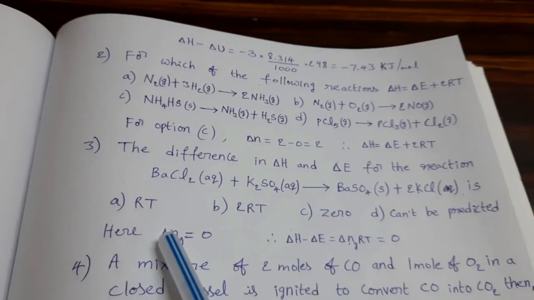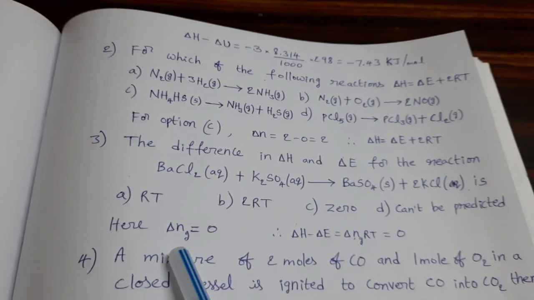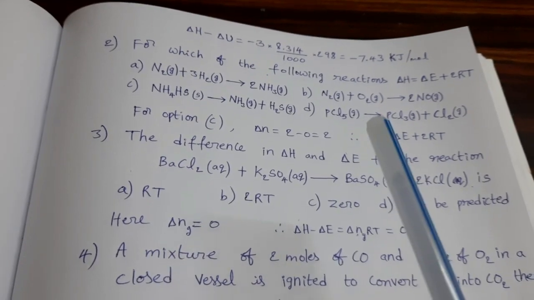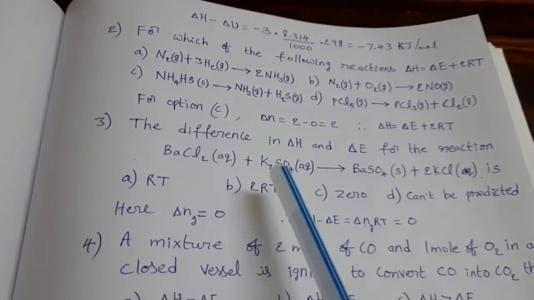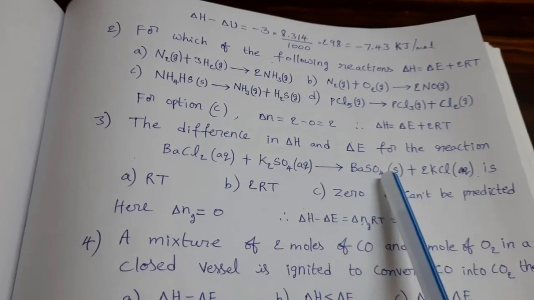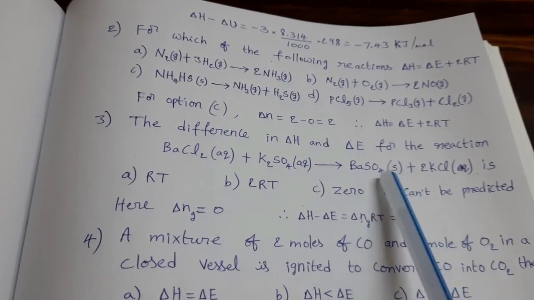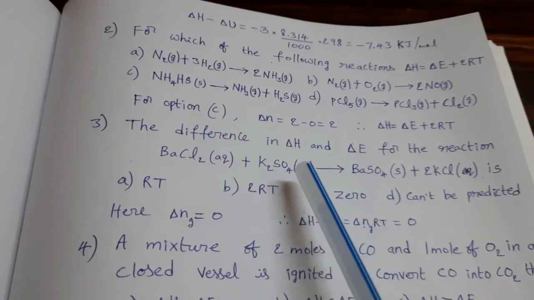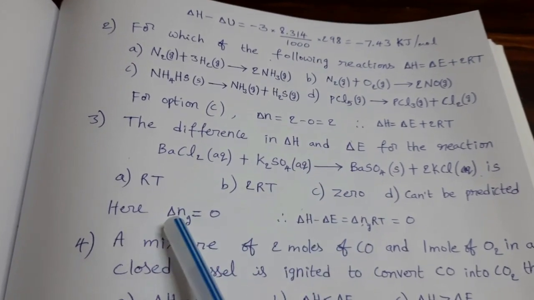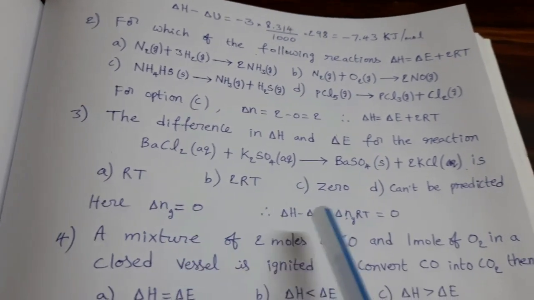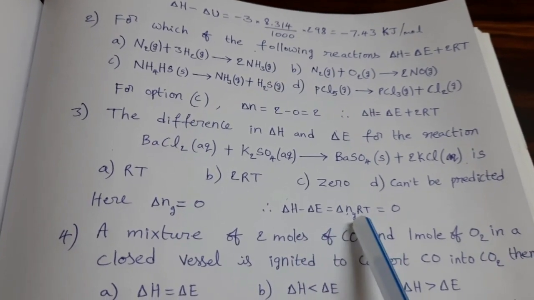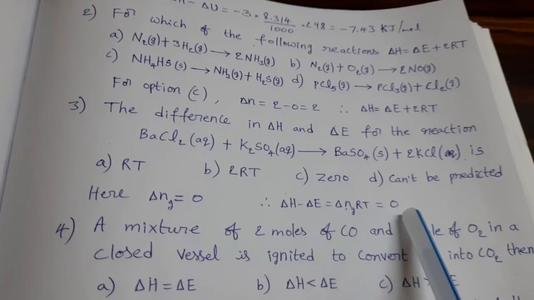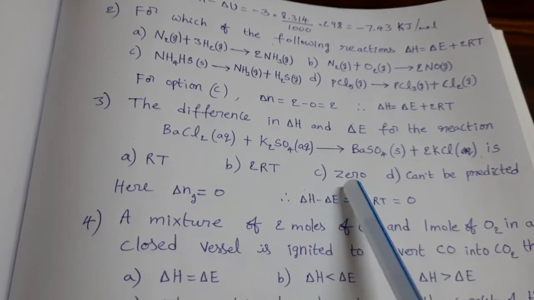So generally delta N we can consider for gaseous substances, gaseous products and gaseous reactants. Here reactants and products are not present in gaseous state, those are in aqueous and solid state. That's why delta Ng is 0. Therefore delta H minus delta E equal to delta Ng RT, finally 0. Option C is the answer.